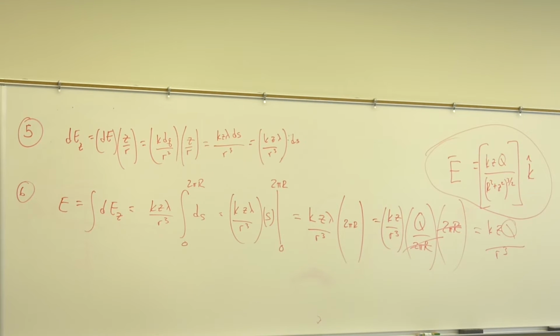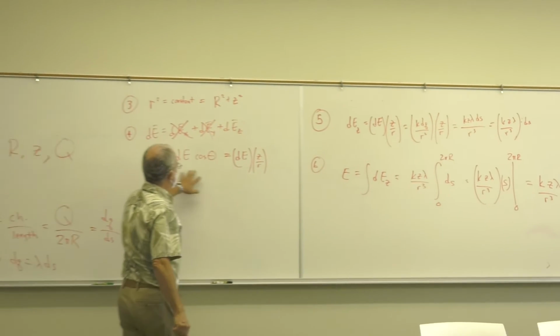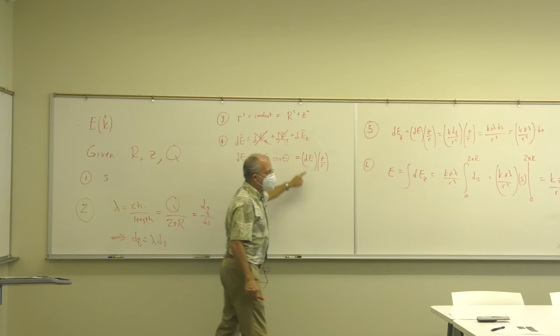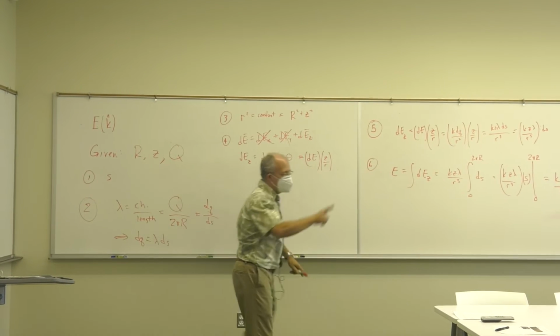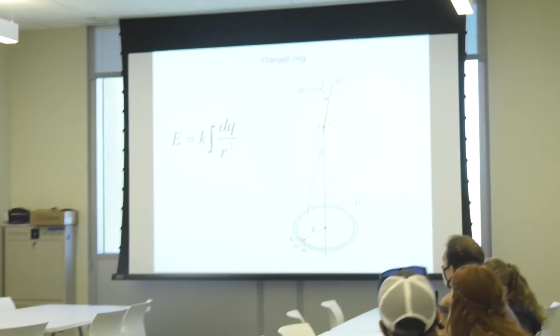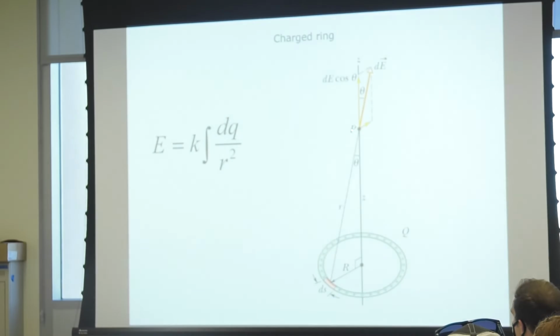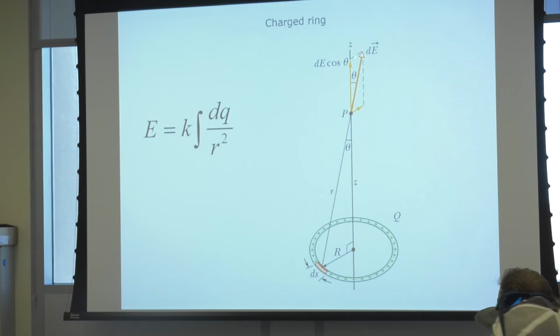On step 4, the second one, can you talk about how you went from this one here? Okay, so you look at the picture. This is dE, this is dE_z, right?